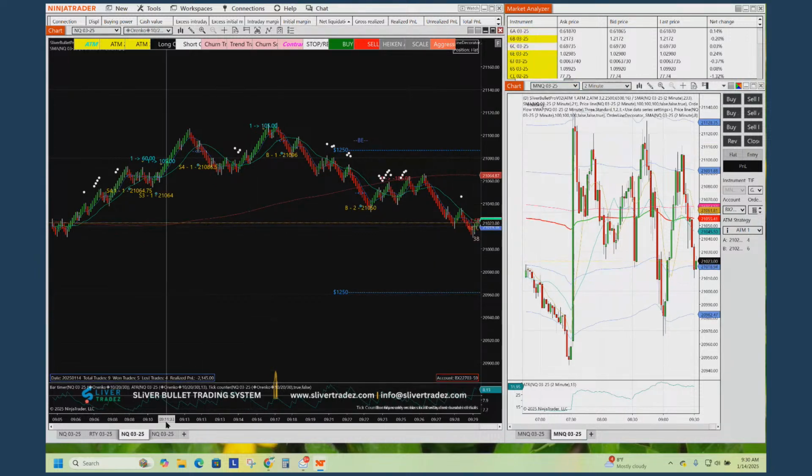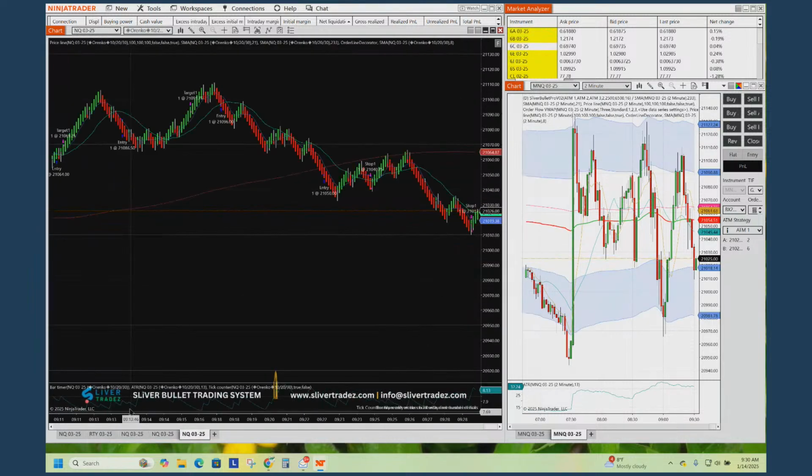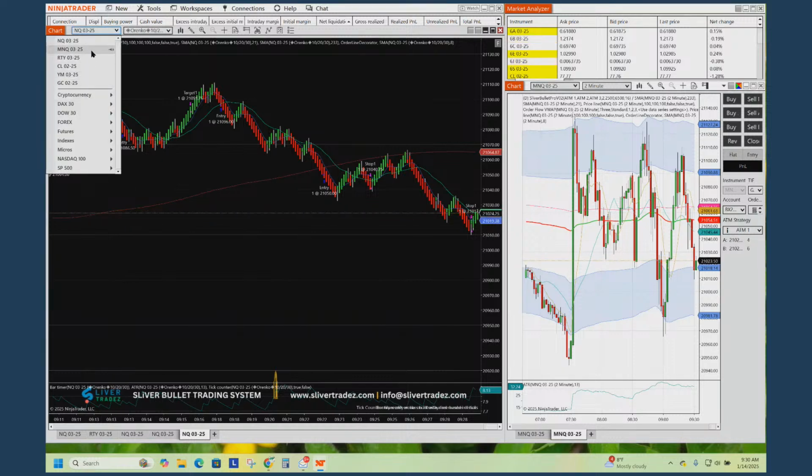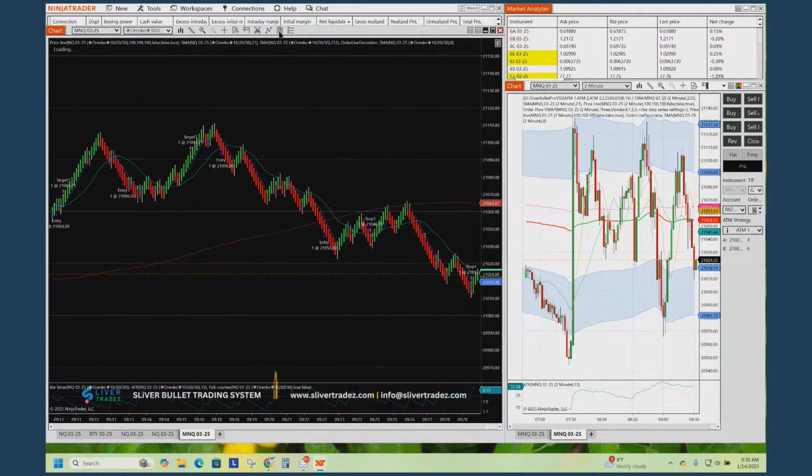So if you're interested in seeing how I would trade micros, I would like to show it to you. I will turn on micros here and then queue. Still loading. Okay.